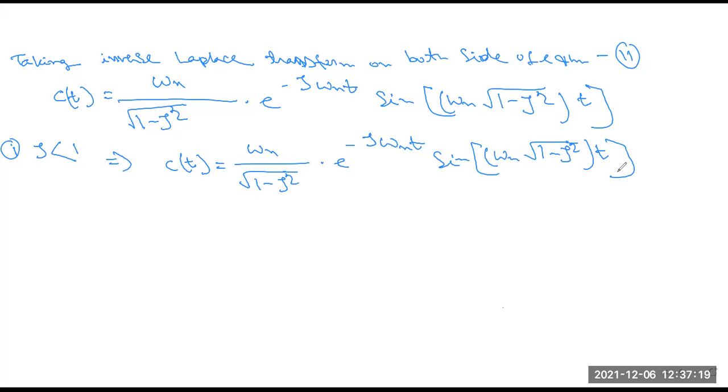Here we see a graphical representation of the output for the three conditions: when the damping factor zeta is less than 1, when zeta is equal to 1, and when zeta is greater than 1. This is the reference line, and the output is coming.